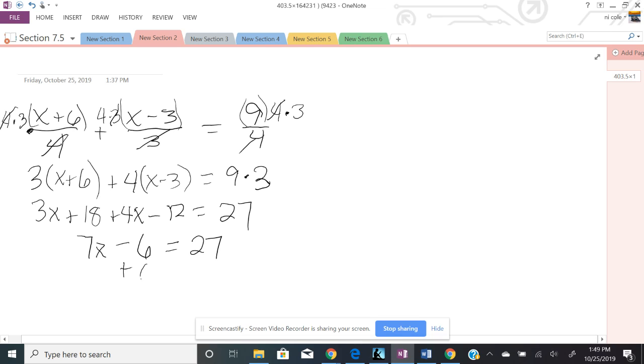Add 6, add 6. 7x is equal to 29, which is not divisible. Did I do something wrong? Well, that's not divisible by 7. That's what I do know. So it makes me think I maybe messed up some math there.